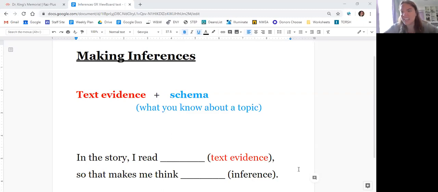We don't just guess the answers, we use text evidence and schema, and we use our sentence stem to help us guess. Put your finger underneath the first word. We're going to read all together. I want all of your voices on. We're reading all together on 2, 1, 2. In the story, I read blank, so that makes me think blank. Very nice job with your inferences.